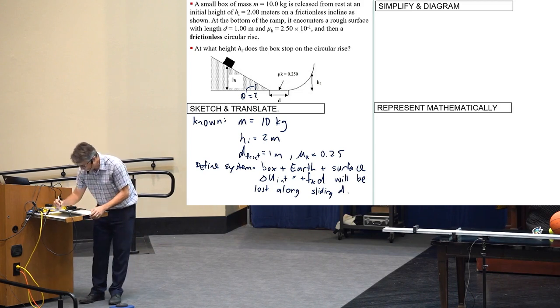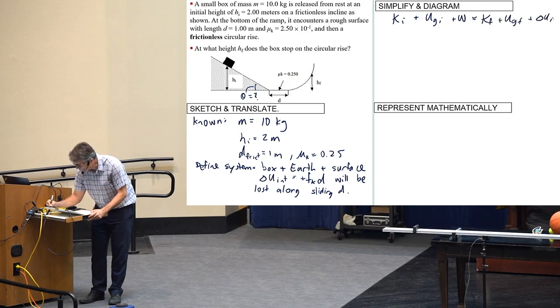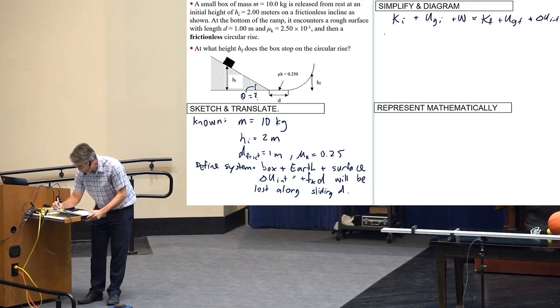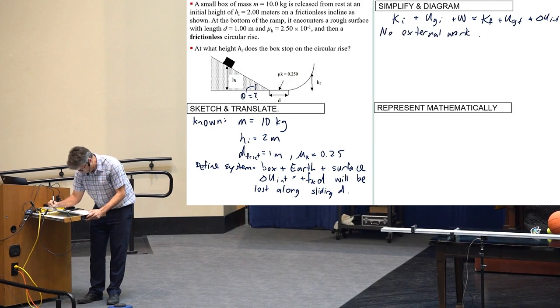And so K initial plus U_g initial plus external work equals K final plus U_g final plus delta U internal. There's a lot of ways of setting this up, but this is the way that the book likes to do it. I'm going to say here that there's no external work on the system. Also, the box begins and ends at rest. So a lot of these terms are zero.